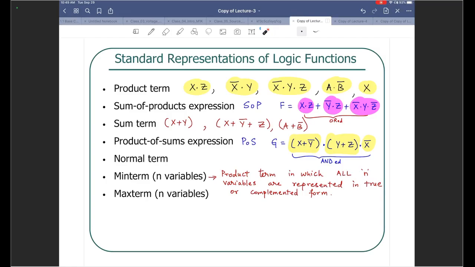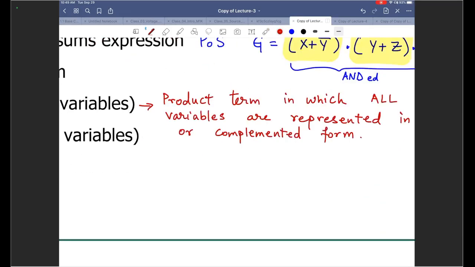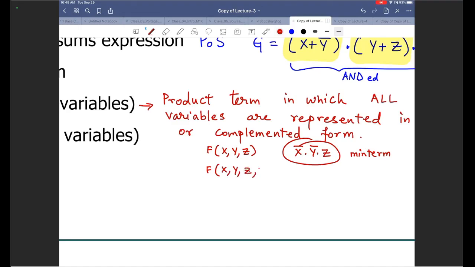Only when you know the n variables can you comment about which term is a minterm or not. For example, if a function depends on x, y, and z, and it has the term x complement and y complement and z, then that would be a minterm. However, if the function is x, y, z, and w, then the same term will not be a minterm.